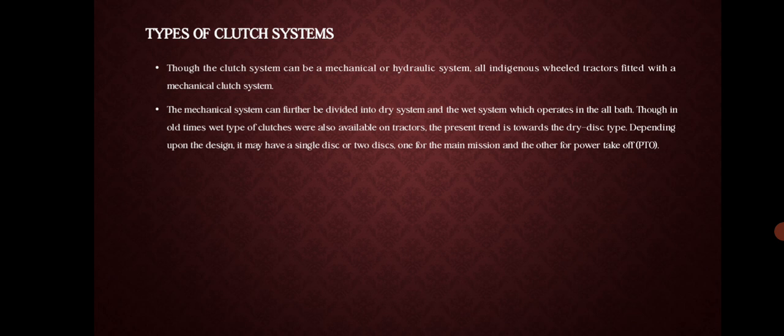Though in old times, wet type clutches were also available on tractors, the present trend is towards the dry disc type. Depending upon the design, it may be a single disc or two disc, one for the main transmission and the other for power takeoff.